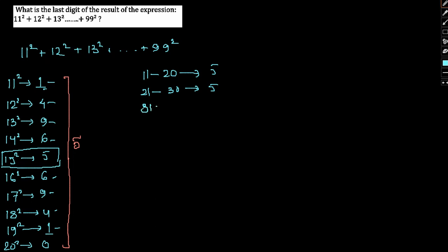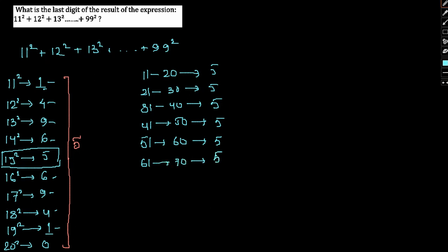31 to 40, again I'll get unit digit as 5. 41 to 50, again unit digit 5. 51 to 60, again 5. 61 to 70, again 5. 71 to 80, again 5. 81 to 90, again 5.